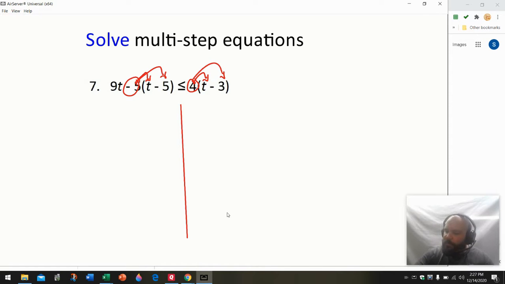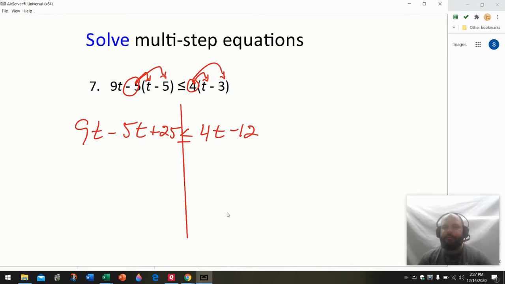And so doing that, we get 9t minus 5t plus 25 less than or equal to 4t minus 12. Now from there, there's still work to be done on the sides individually.